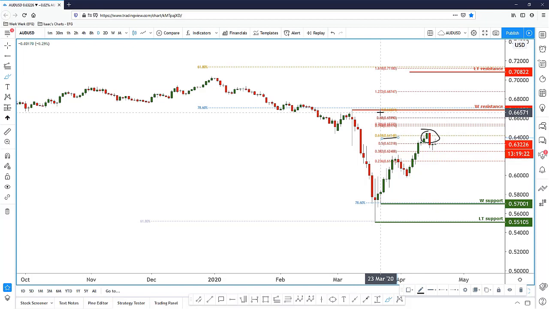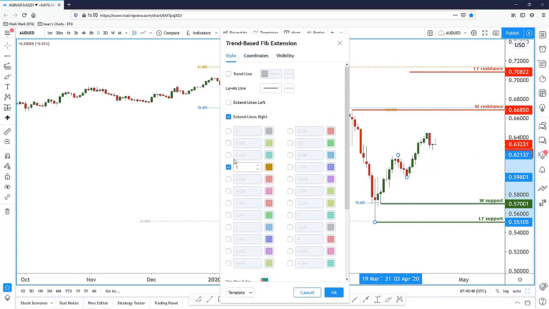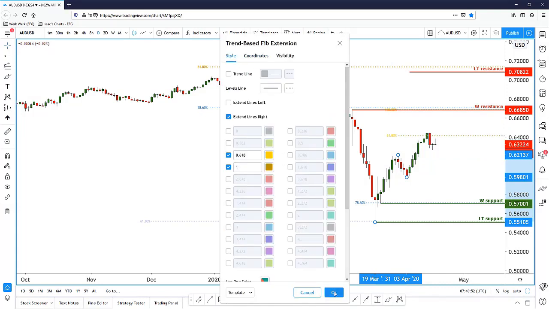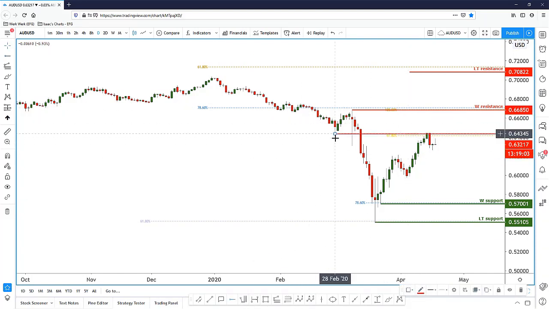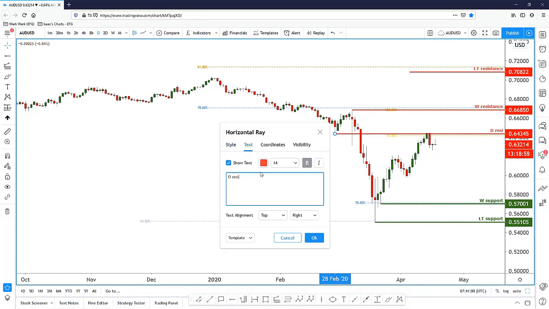And the next key level in golden, the 100%, falls in line with the weekly resistance. So with that, we can keep these two levels, and I'll put my daily resistance over here. Let's call this the daily resistance.